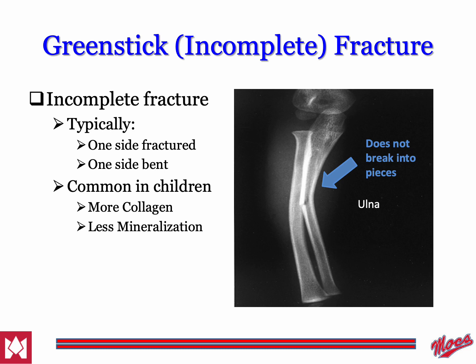It is more common in children because they have more collagen and less mineralization within their bone at that point in life. Now, it is common to see this type of fracture with bowing, or a bow-legged individual, right?